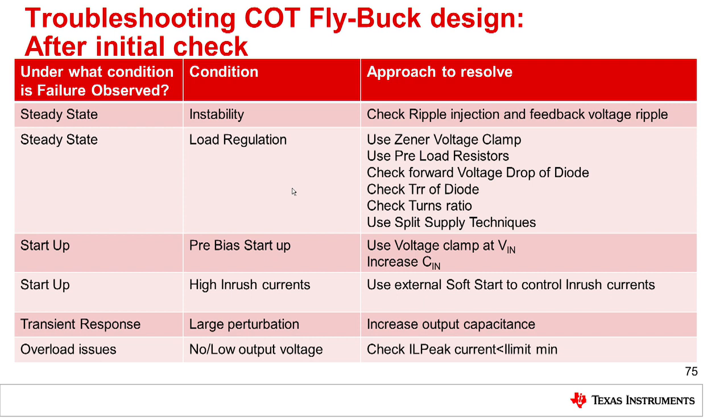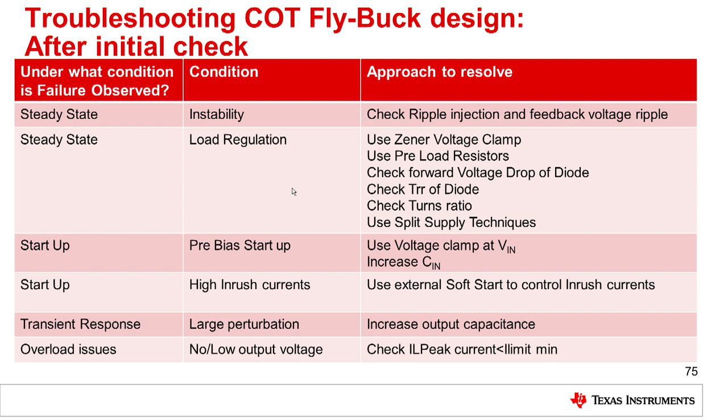Many times the output voltage will be a little bit higher than we designed, and typically we can either use a Zener diode or a preload resistor to help bring that down a little bit. Other issues might be the reverse recovery time of your diode if you're not using a Schottky. And of course the forward voltage drop across your diode, regardless of what kind of diode it is, will affect your load regulation. So those are points to look at if you see issues with load regulation.